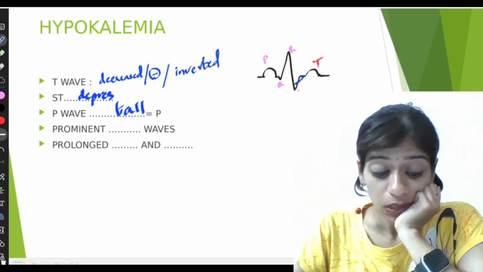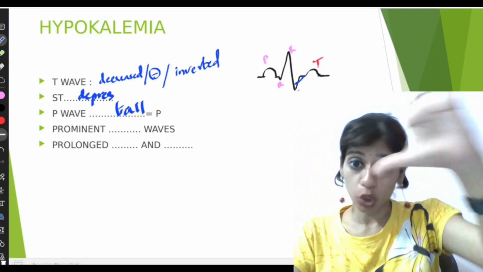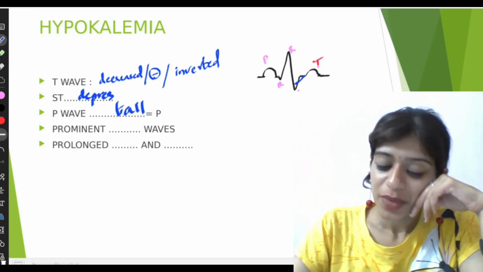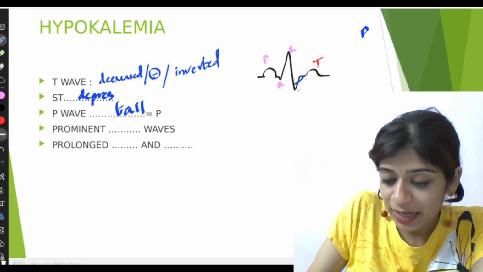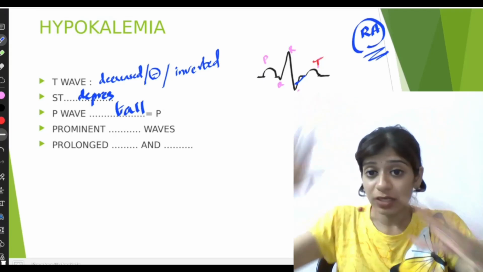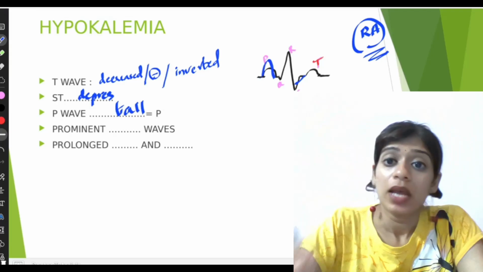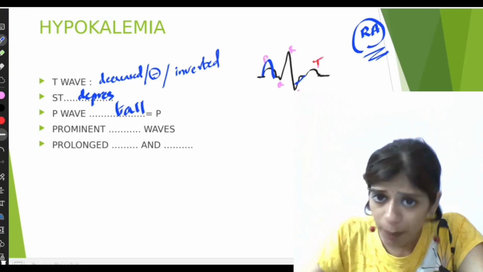Here the P wave might look tall. Where do we usually see a tall P wave? Usually in right atrial enlargement we see peaked or tall P waves. But in hypokalemia also, what we get to see is a tall P wave.